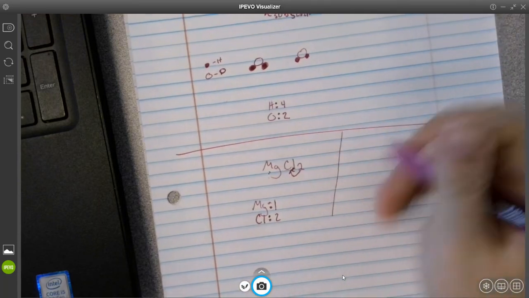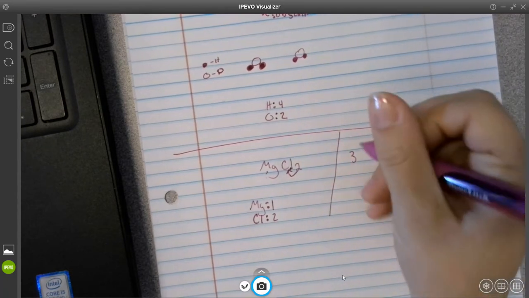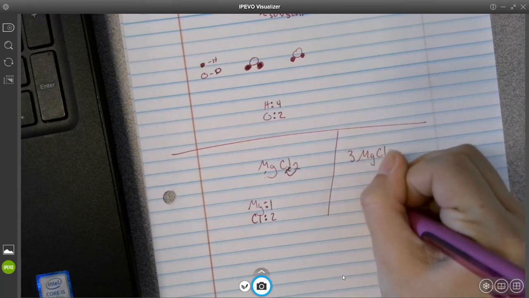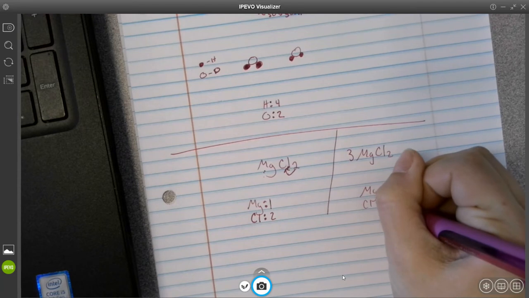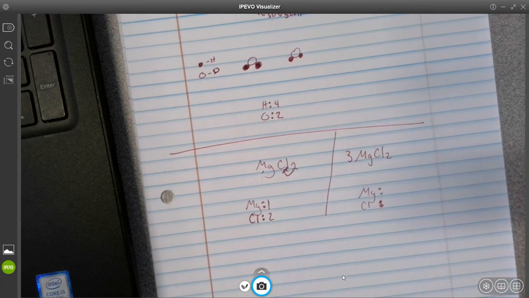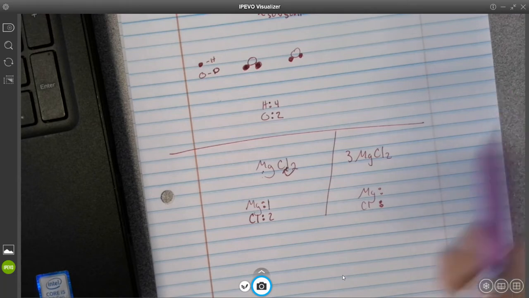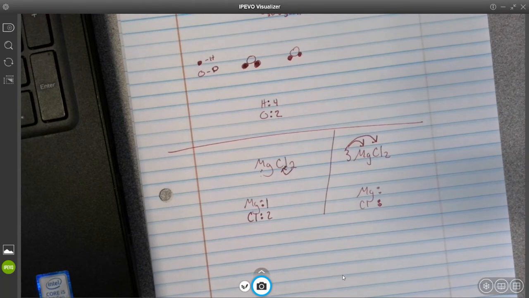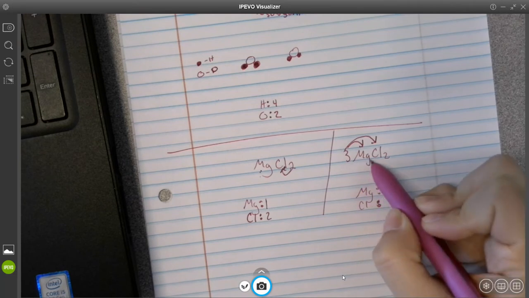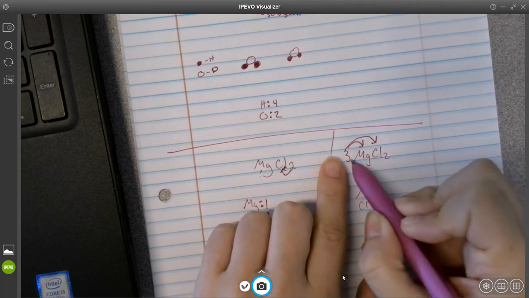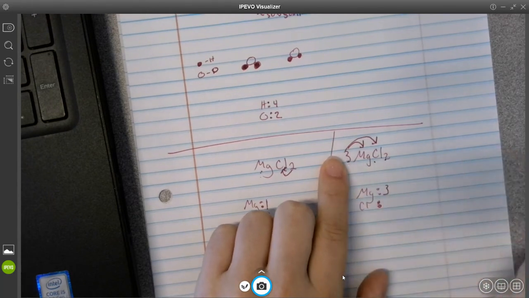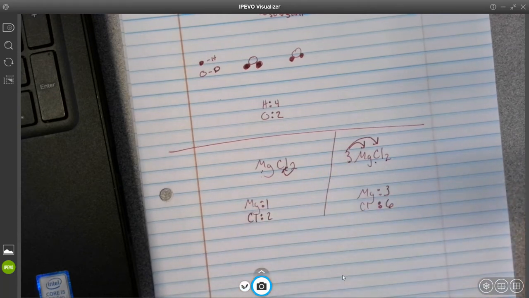Now, if I had a coefficient, and let's just say I have 3, I still need to count out how many magnesiums I have and how many chlorines I have. Your coefficient is more like your distributive property, meaning that it's going to be multiplied out. So I know that there's already 1 here, so 3 times 1 is 3. 3 times 2 is 6.